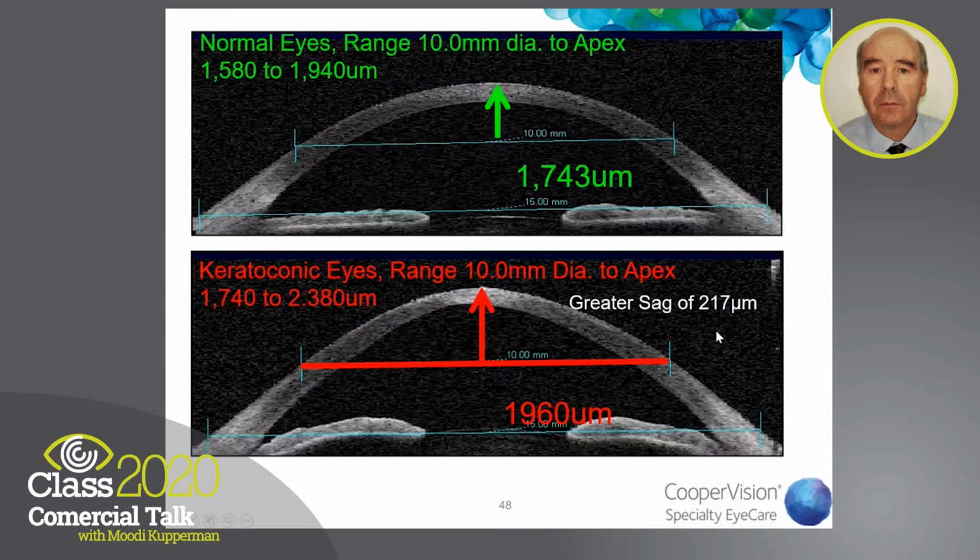So this is a difference of 217 microns. So by the end of today, we can do a calculation. We know that most of the topographers can give us a 10 millimeter elevation from the lowest to the highest. This is the elevation. Add to this 2000 micron, and we can have the nice parameter of the SAG.